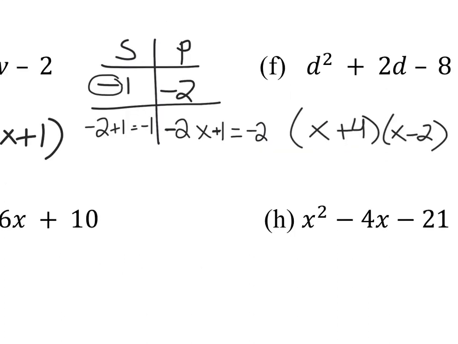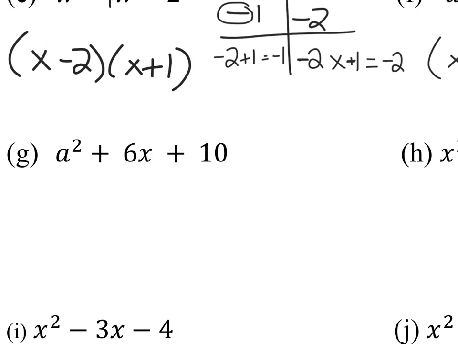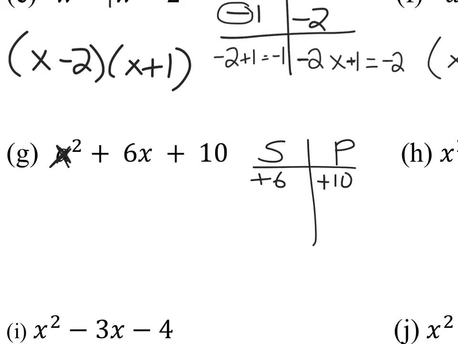Now let's look at another example that could be a little bit of a trick here. Again, change it to x's, okay? So we'll write down our sum and our product. Our sum is positive 6, and our product is positive 10. What are all the ways that we can make a 10? We could do 10 times 1. 10 times 1 is 10. 10 plus 1 is 11. So that doesn't work.